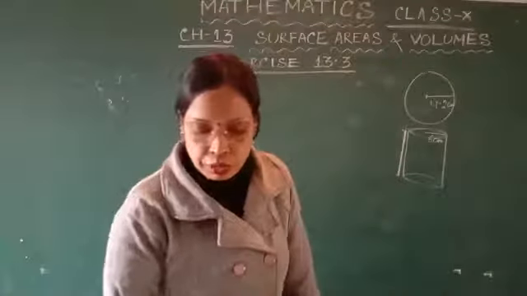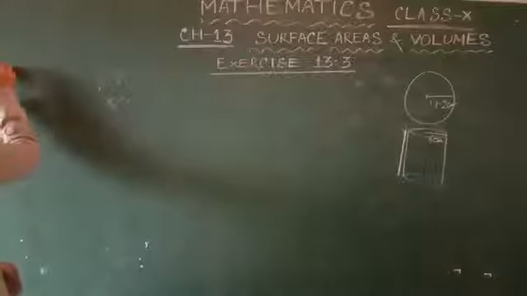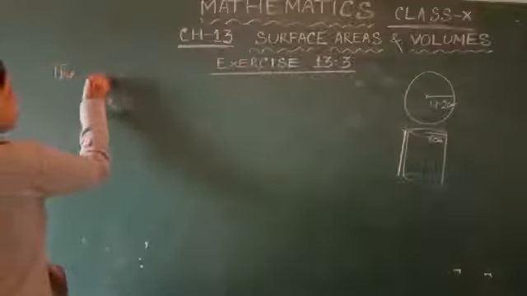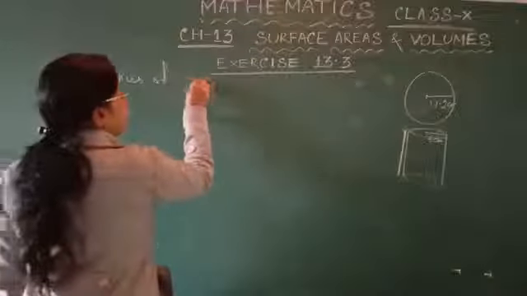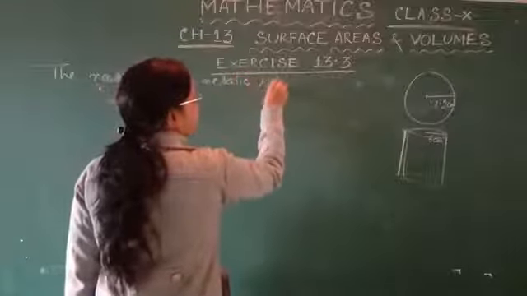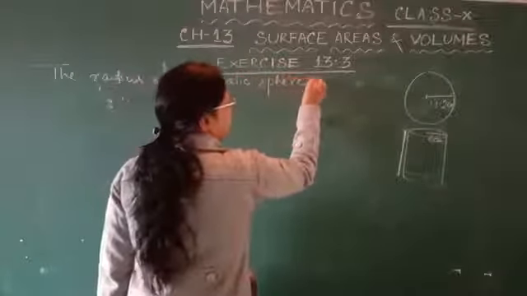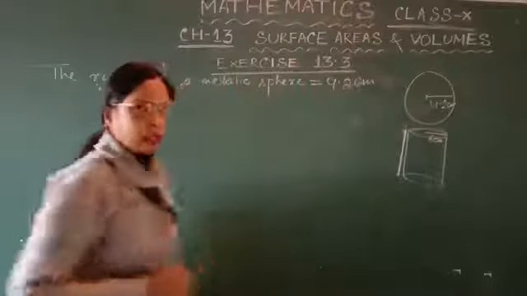So according to our question, first here you write: Question number 1. The radius of a metallic sphere is equal to 4.2 centimeter.